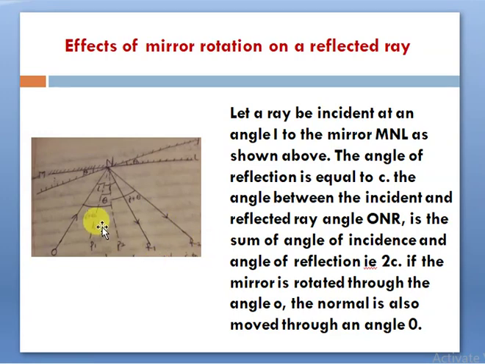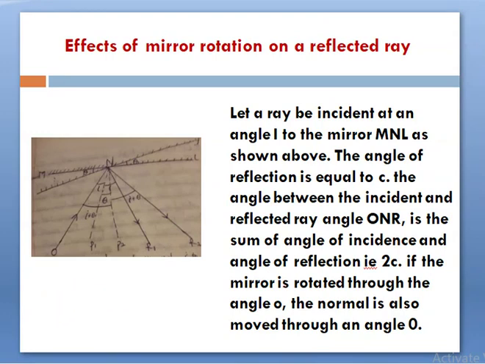Now initially, when the mirror had not been rotated, our reflected ray was NR1. But now when we have rotated the mirror and our normal equally rotated to NP2, the reflected ray rotated to a new reflected ray NR2.